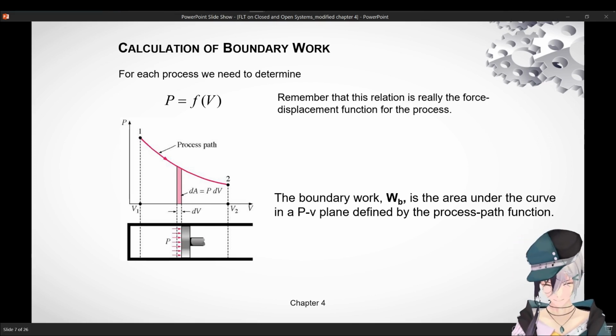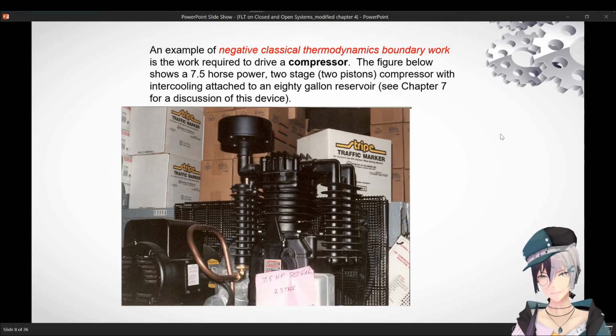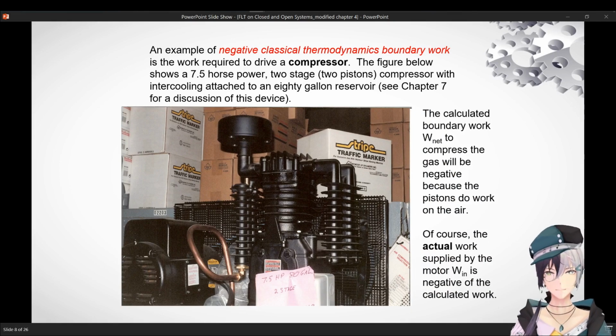With the sign convention, we have an example here that the work of your compressor is considered negative. Why? Because we are considering the system of the air.